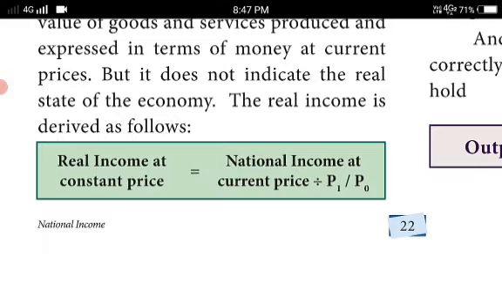This is called real income. P1 is the price index during the current year, and P0 is the price index during the base year, the initial year.